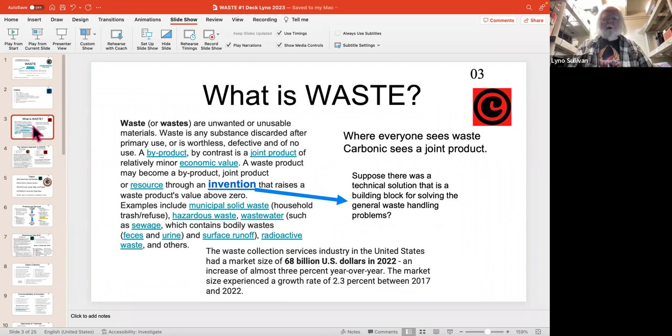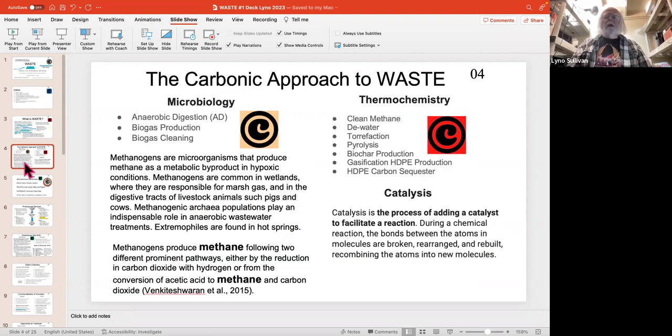That's interesting to know. Where everyone sees waste, Carbonic sees a joint product that comes from an invention. Suppose there was a technical solution that's the building block for solving general waste handling problems. That's the Carbonic question. The Carbonic approach to waste is twofold: microbiology, whenever you can solve a problem with microbiology, do so, and thermochemistry.